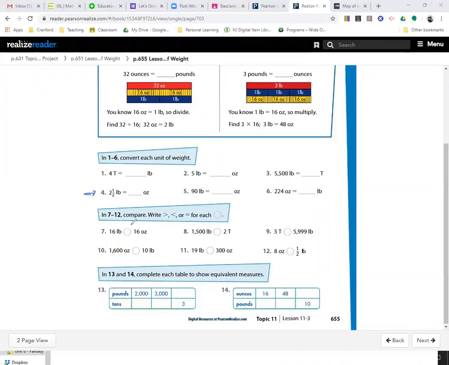For problem number 4, first thing I have to figure out, are we going from larger to smaller or smaller to larger? I have a pound and I have an ounce. Which one's bigger? I'm going to put an L here. Larger, smaller. So when I go from larger to smaller, I'm going to multiply. So this equation is 2 1/2 times, well, how many ounces in a pound? 16. And what's that going to equal?